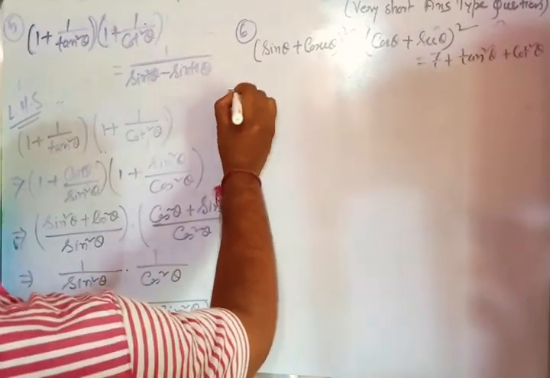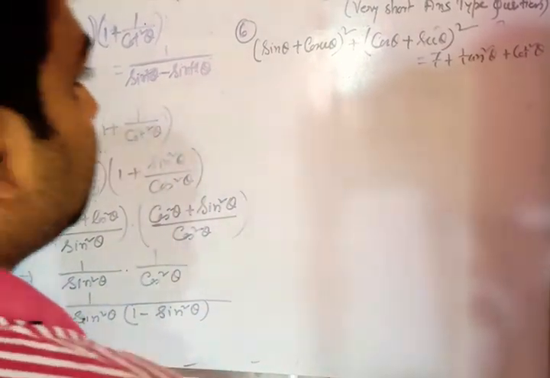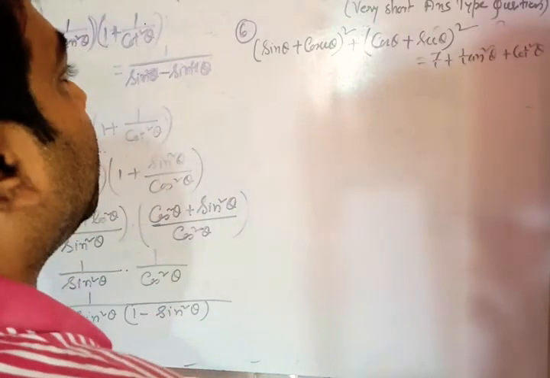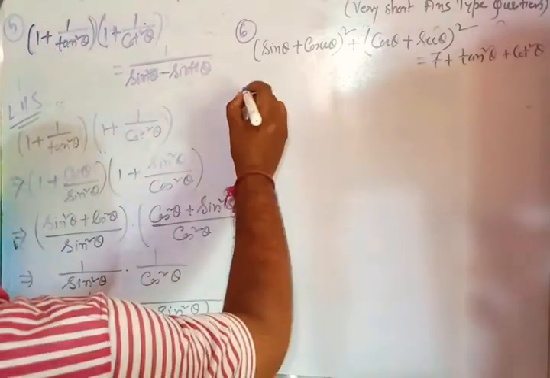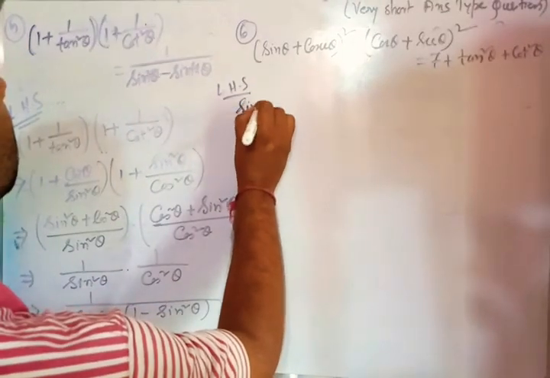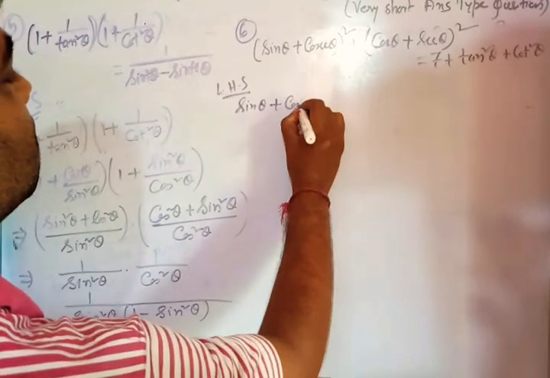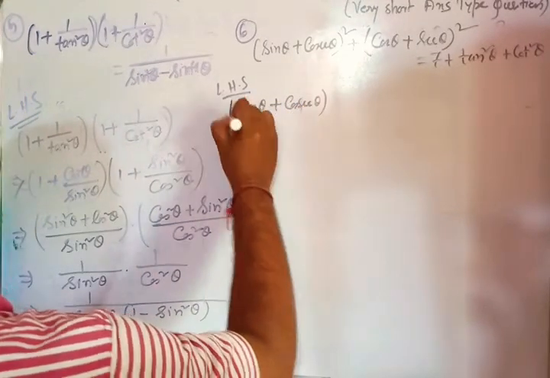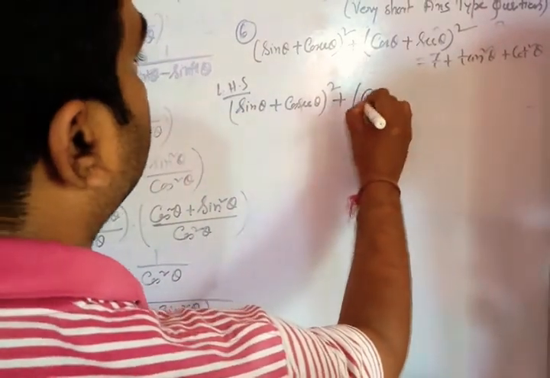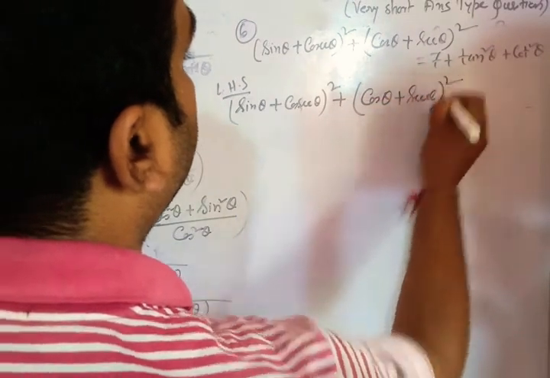Now first we have to do this question taking LHS, that is sin theta plus cosec theta whole square plus cos theta plus sec theta whole square.